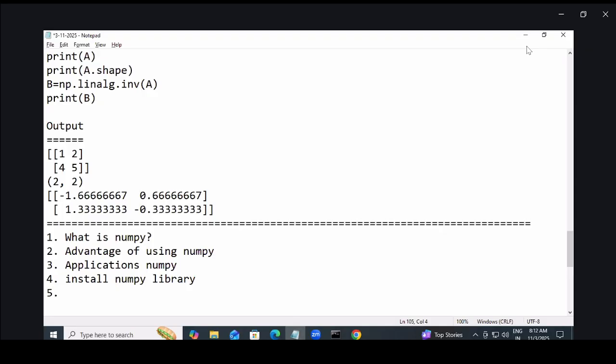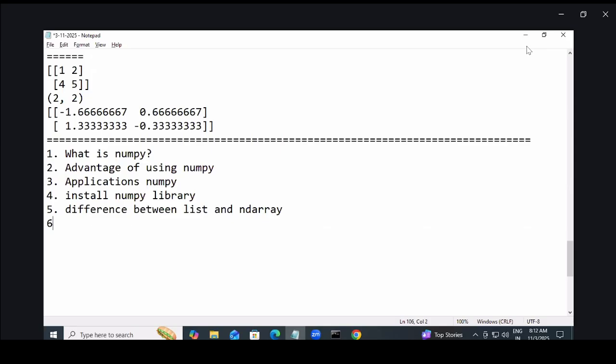After that, I said the difference between list and ND array. The sixth one is we started with the ND array object, and I talked about ND array object attributes. We discussed ND array data types.